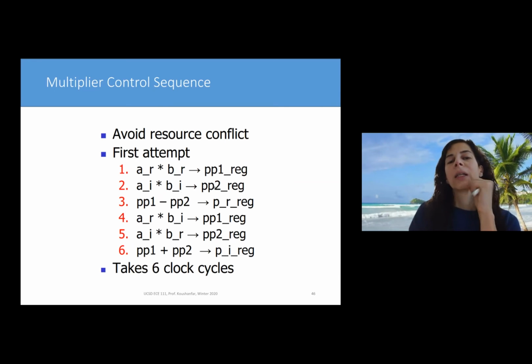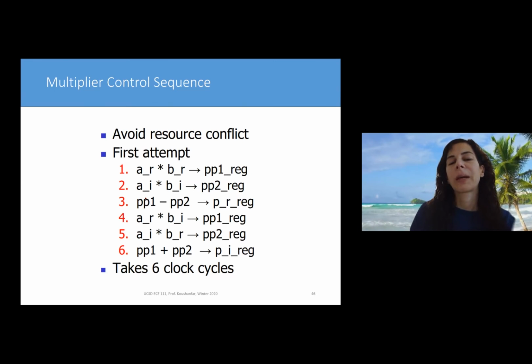The multiplier control sequence, as you see here: the first step, we are doing a real part of A, real part of B, and put it in the PP1 register. In the second step, we're going to do the imaginary times imaginary of A and B and put it in the second register.